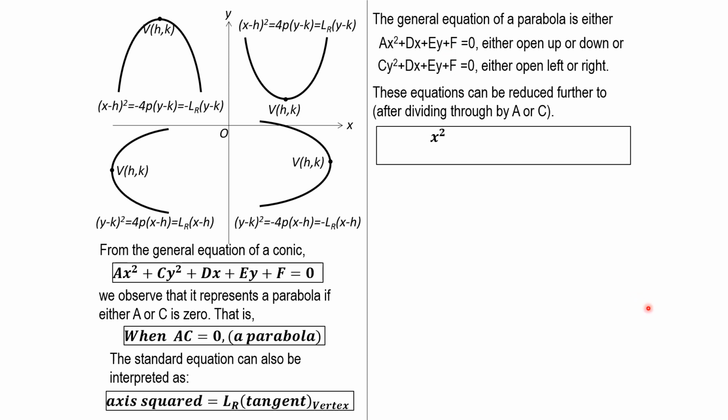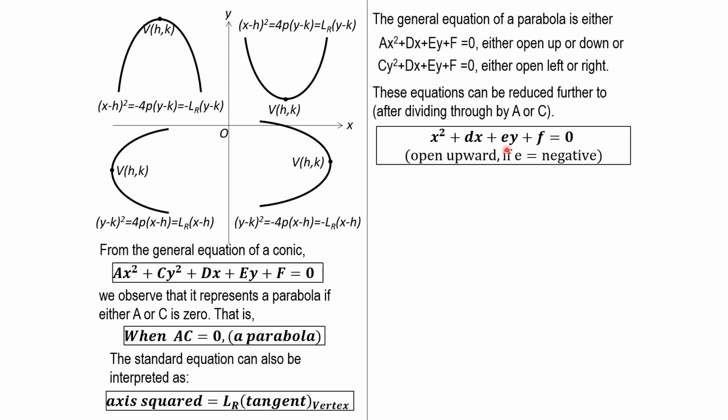So it is x squared plus dx plus small e times y plus small f equals 0. This is open upward if the value of e is negative in this form, so that when we transpose ey to the right, if e is negative, it becomes positive. So definitely it is open upward.